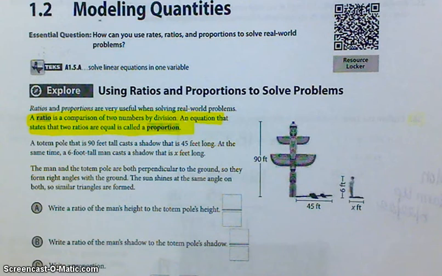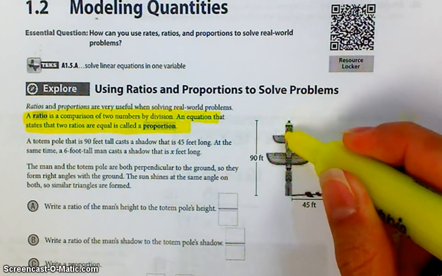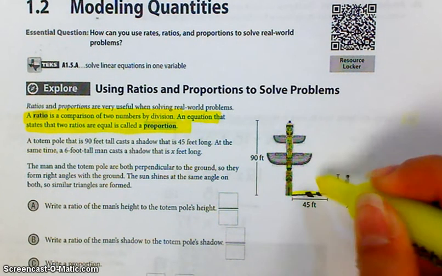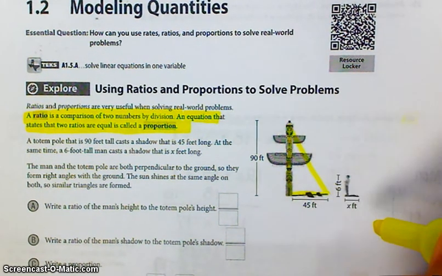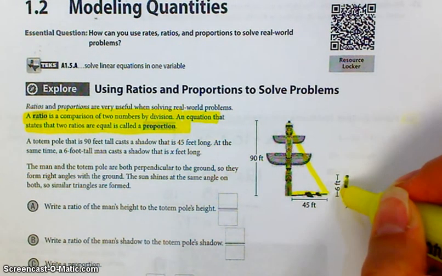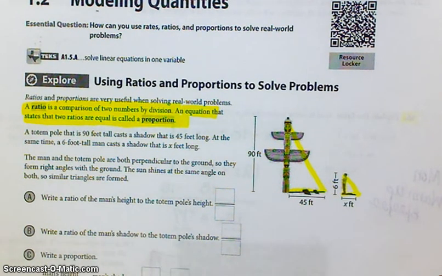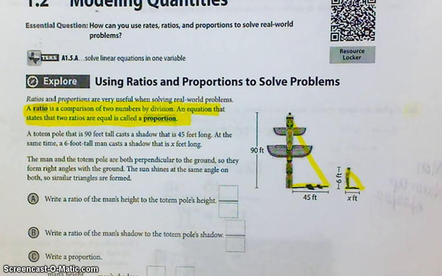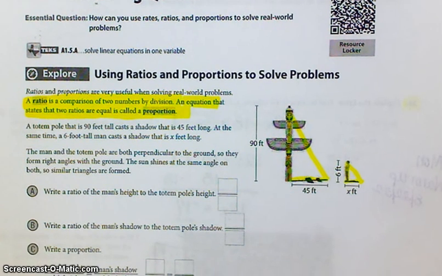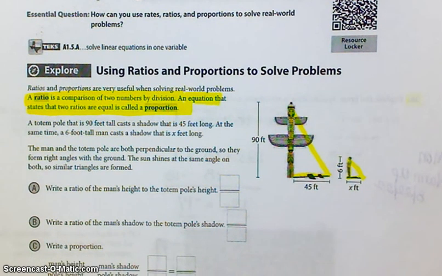The sun shines at the same angle on both, so similar triangles are formed. Okay, so basically here is a triangle, here is a similar triangle. Remember, similar triangles have angles that are the same and sides that are proportional.